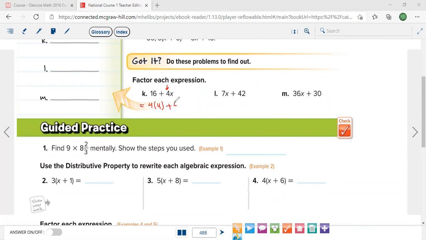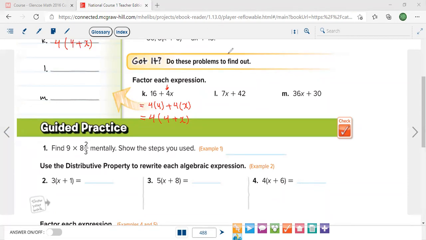And 4x will be written as 4 parentheses x, like this one. So the repeated factor, which is 4, will be taken outside. And what is in parentheses will be written as 4 plus x. That's it. 4 parentheses 4 plus x.